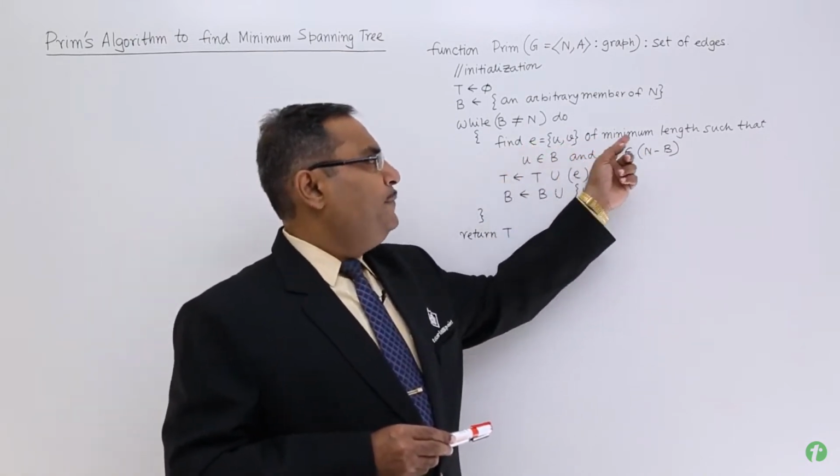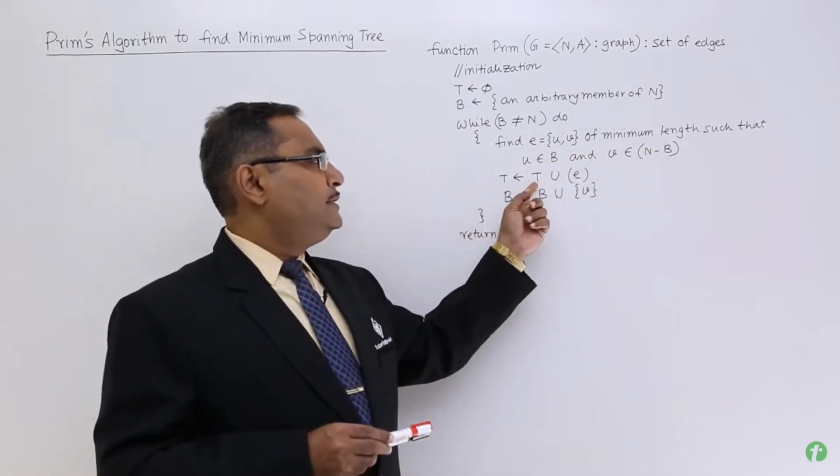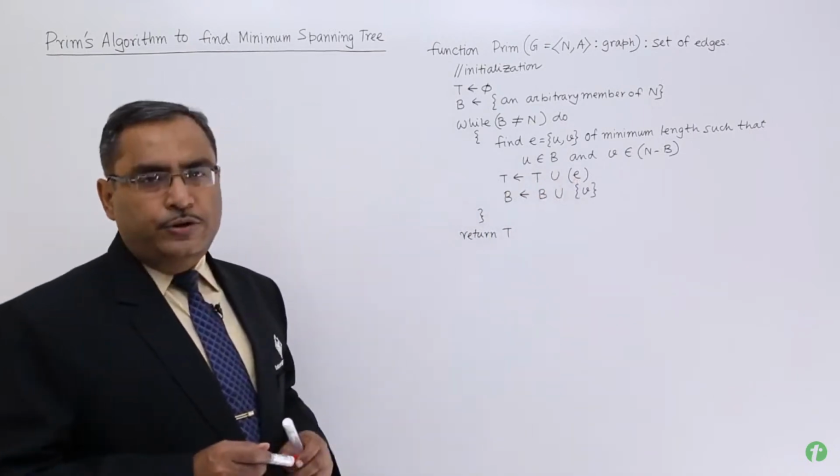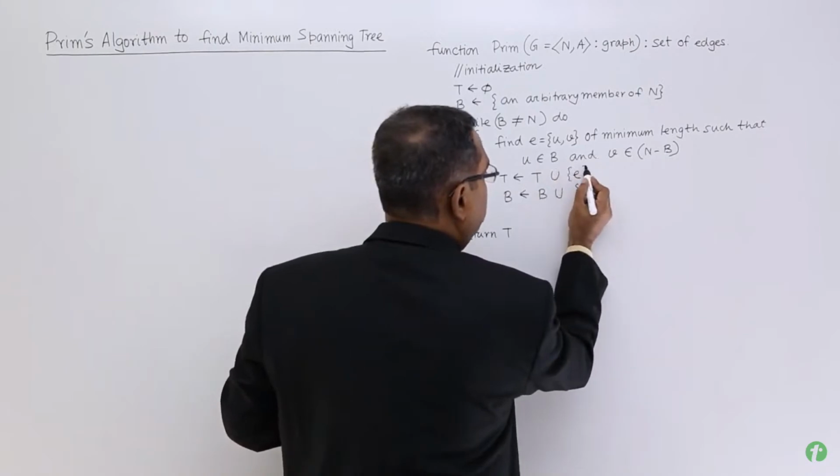So find such an edge of minimum length satisfying these two, and if you get such, then please go on with the union, that is T union E. So E will be united with T. I think it is better to put them in curly braces.